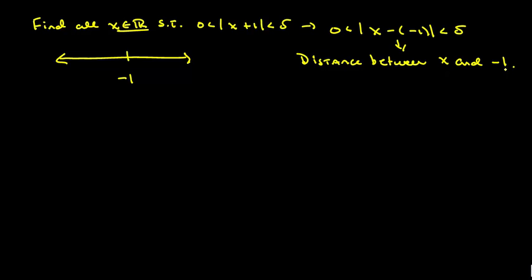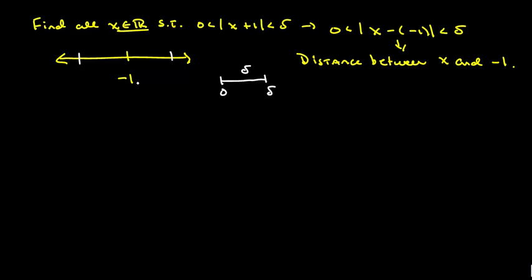The distance between x and negative 1, wherever x falls on this line, has to be less than some positive number, delta. So delta is a real number, such that if this was 0, delta would fall right here, and we're going to associate a length with it.